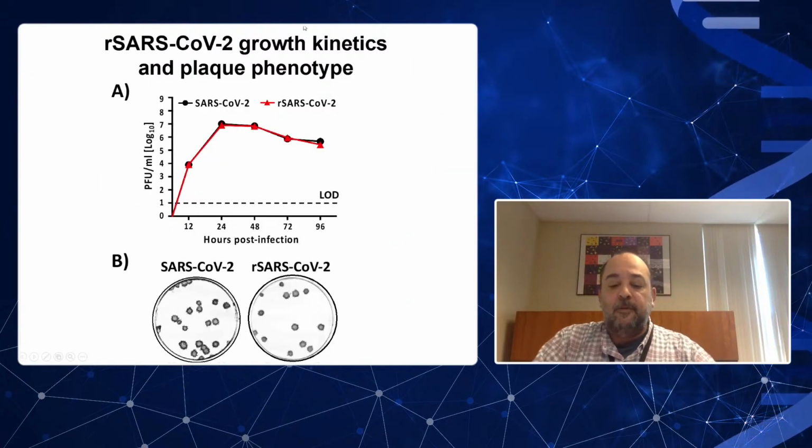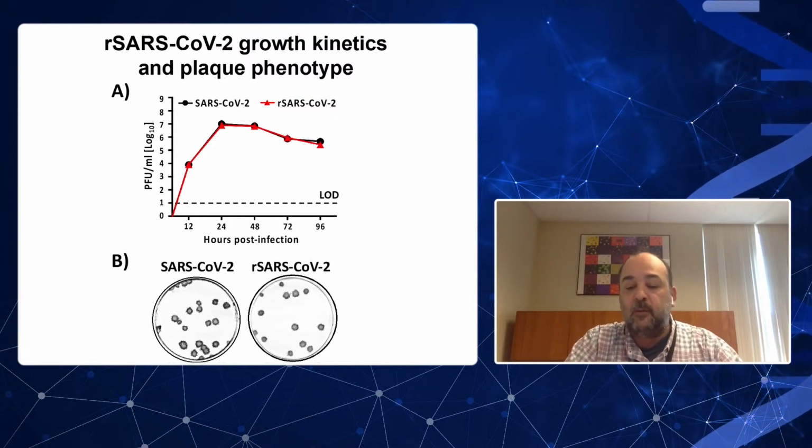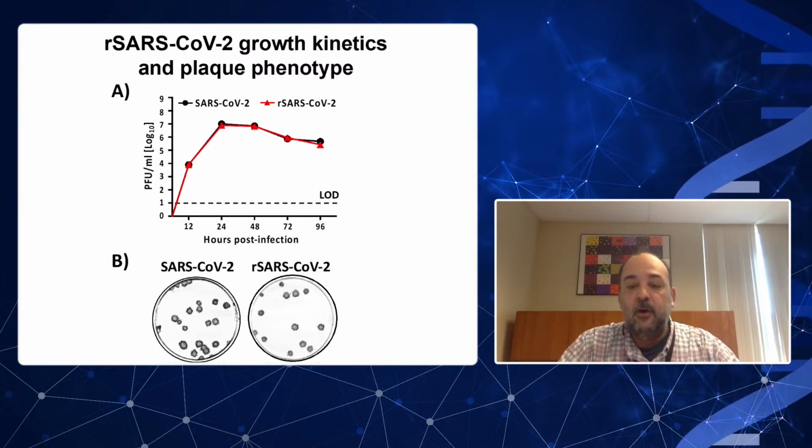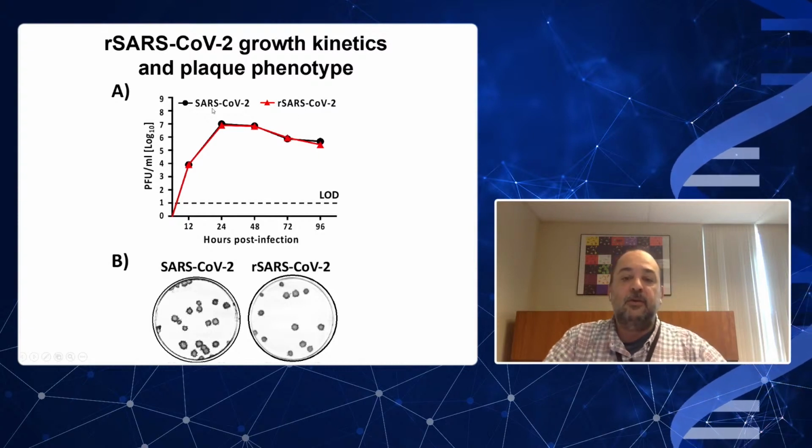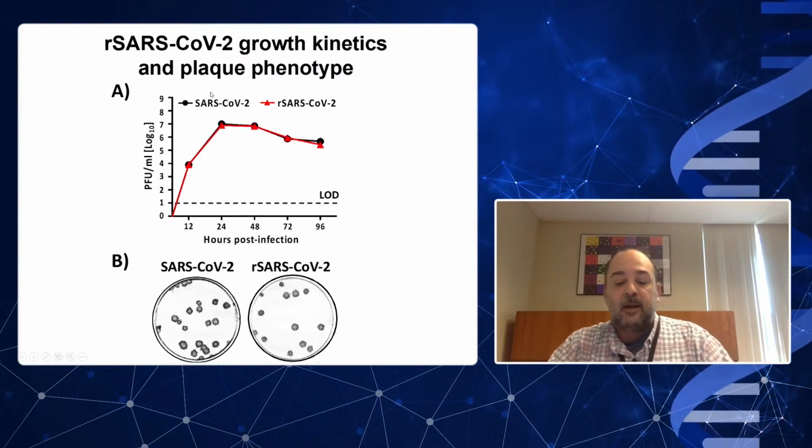Now, once we confirmed the recombinant nature, what we did was an in vitro characterization of our recombinant virus, shown here in red, and compared it to the natural isolate, shown here in black.